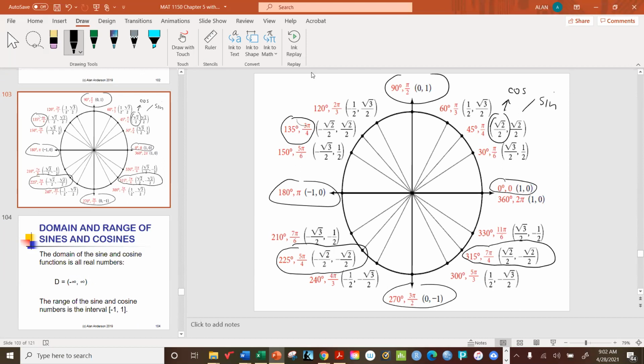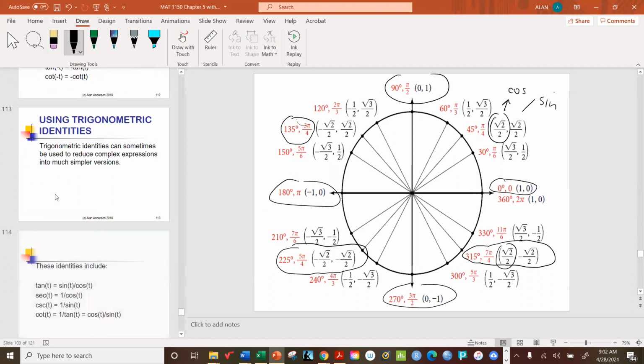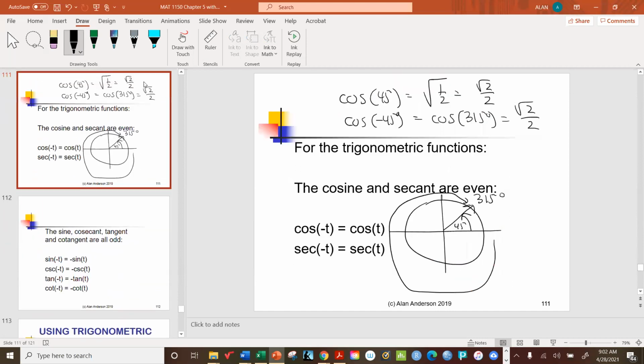And here's the cosine of 315. And so they are, in fact, the same. Just as an example of how this works, we're not going to do the secant because we could, but we're not going to spend any time with that right now. We have other things to do. The same thing is true for the secant.